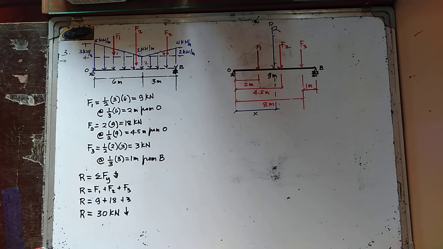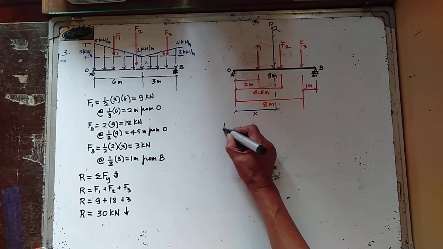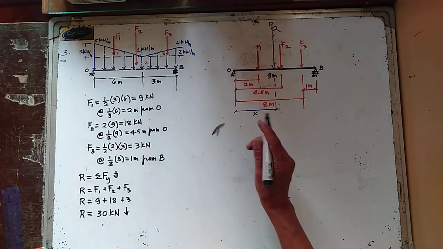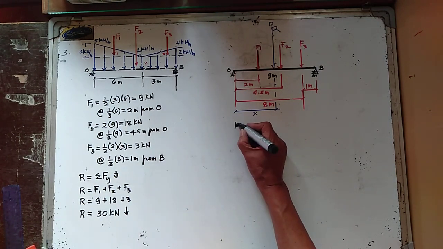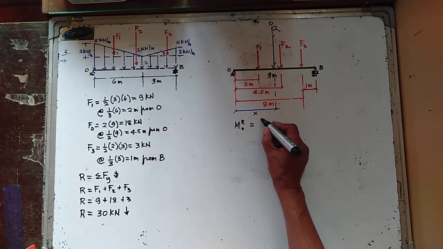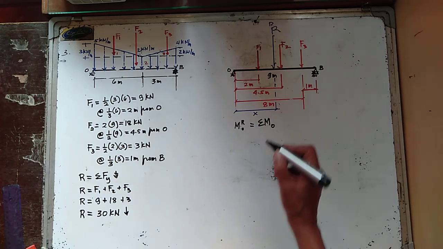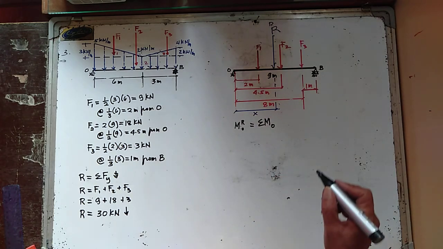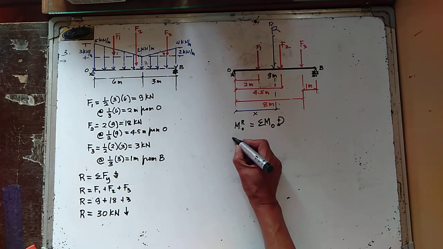If you take the moment of the resultant force about point O, it is equal to the summation of moments of all the forces about the same point O. At this time, I'm going to consider clockwise moment positive.